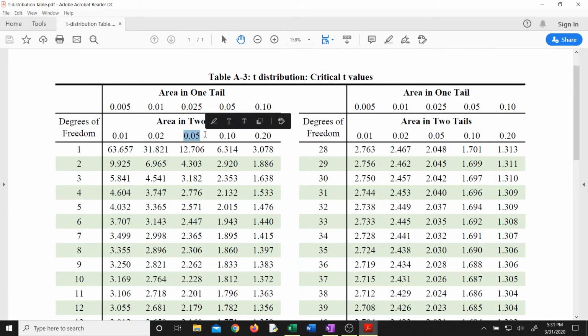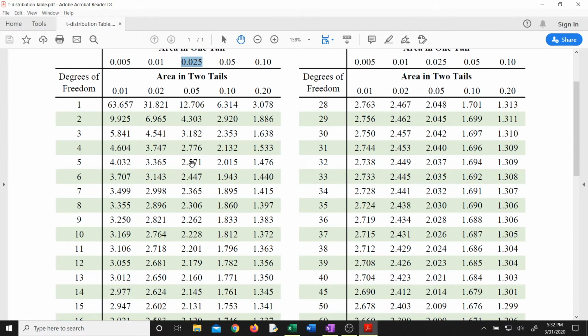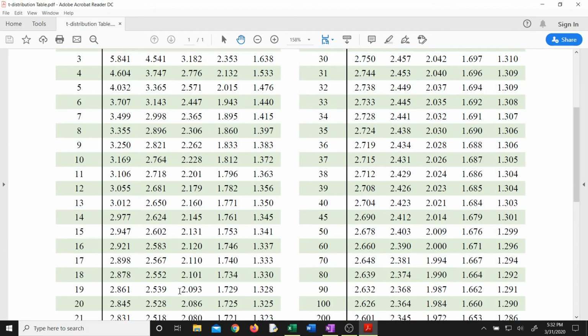So I'm looking at the area in two tails. Now, of course, you may be used to just finding the area in one tail, which is fine. In which case you would divide alpha into two parts, which is 0.025, and you'd be looking at the area in one tail. Either way, we are looking at the middle column. Looking at the middle column, we get our critical value of 2.093.